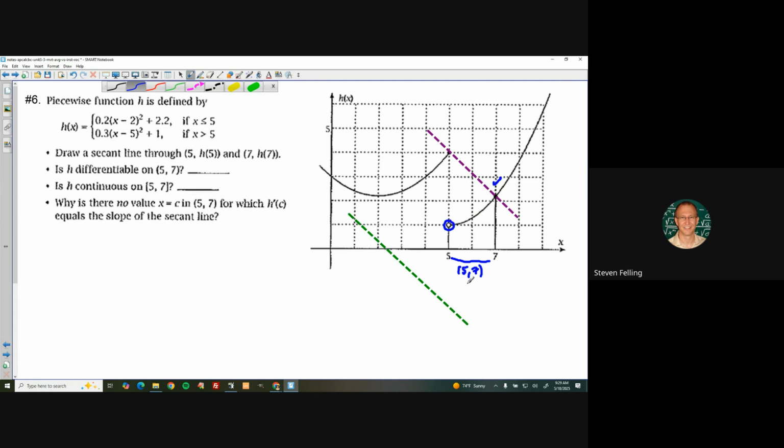I would say that it does not meet this criteria, because of the problem within the interval. So this one is true, and this one is not true. These three examples are just meant to show that we need both of these conditions to be true to be able to guarantee that there is a value in the x domain that will produce that derivative that matches the average rate of change.